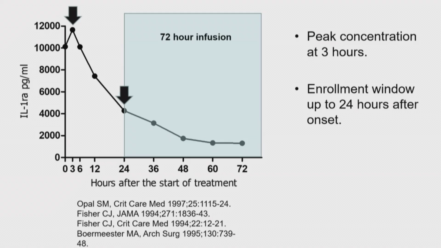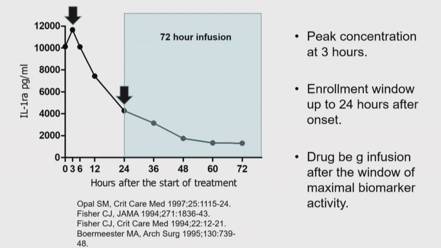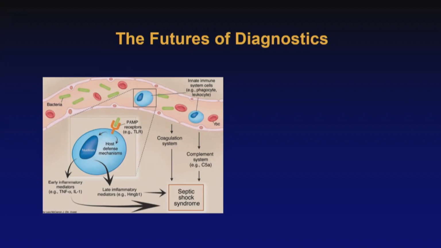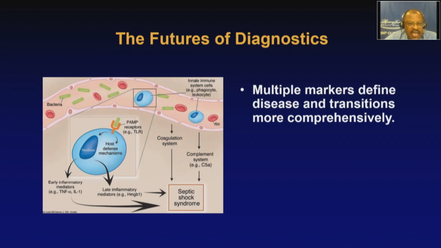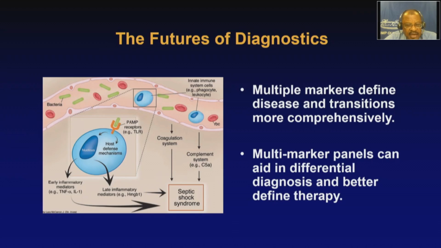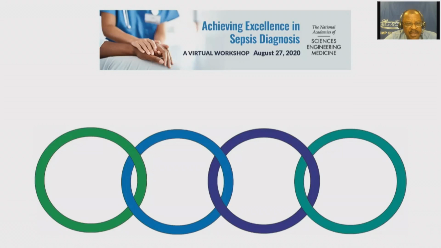In this study, the 72-hour infusion actually began 24 hours after diagnosis, which is pretty much far removed from the peak activity of the disease presentation. This gives rise to the fact that biomarker activity and biomarker diagnostics, I think, hold great promise in sepsis care. And irrespective of the clinical change in management, I think there is still room for the use of biomarker diagnostics and further use of immunotherapy.